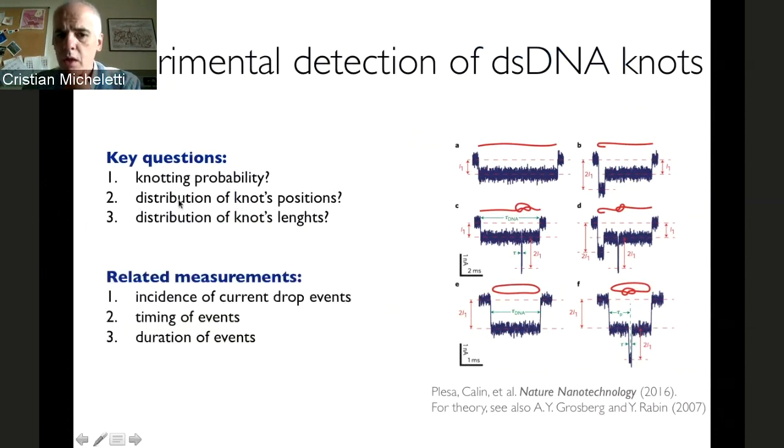And these questions you can answer by addressing appropriate quantities that you can measure through the current. For example, by simply counting the incidence of these substantial current drop events, you have information about what is the incidence of knots. You just count in how many of the translocation processes you see these larger drops, and then you have a handle on the knotting probability.